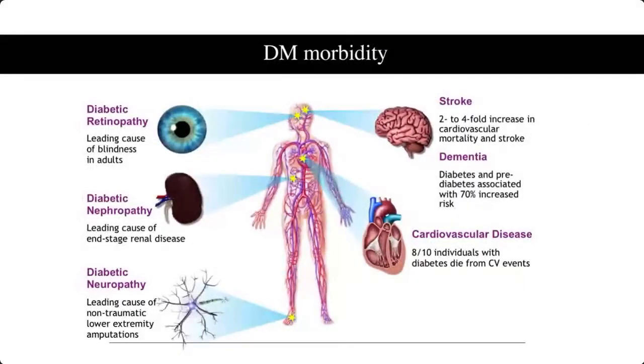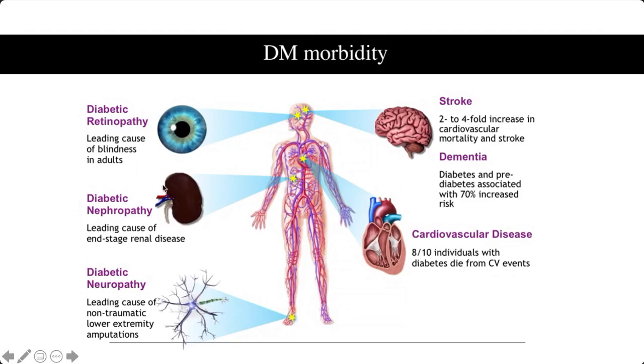Diabetes mellitus is a chronic disease, and unfortunately, it is associated with micro and macrovascular complications. The main cause of morbidity in diabetes is the microvascular complications. Retinopathy is the leading cause of blindness worldwide.